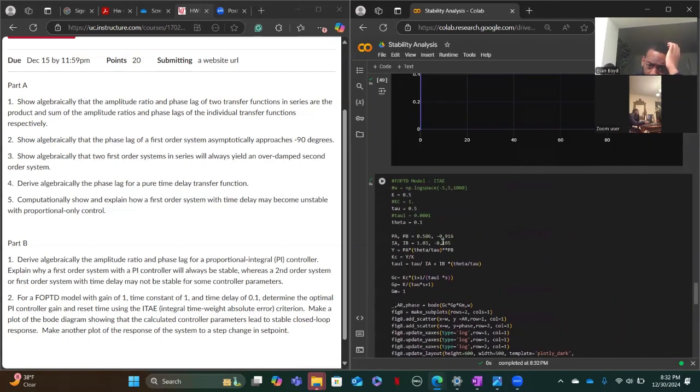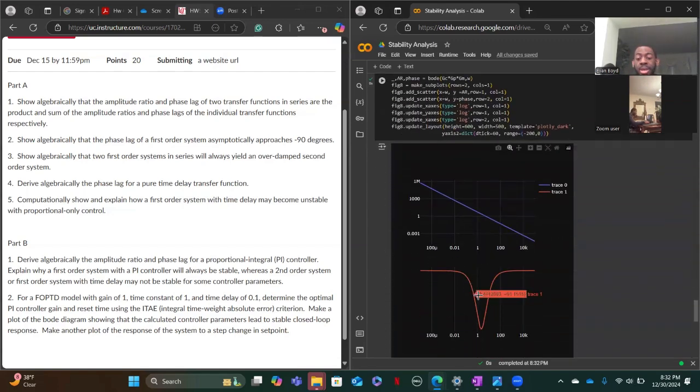We do have to change our K, our gain, and our time constants to adjust to our AR being under 1. Even though our phase wouldn't have to be a factor because it's not even going to be close to ever reaching negative 180 degrees. But yeah, this is our model for our first order proportional integral transfer time delay model for our system. This is the most optimal version using the integral time weighted absolute error method.